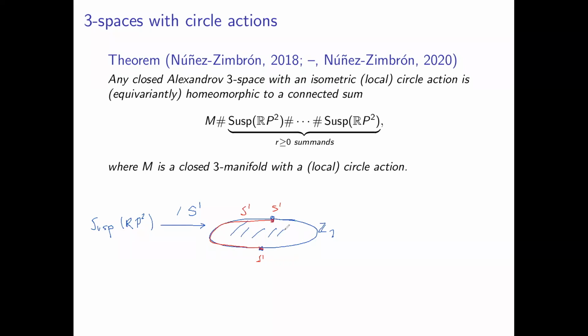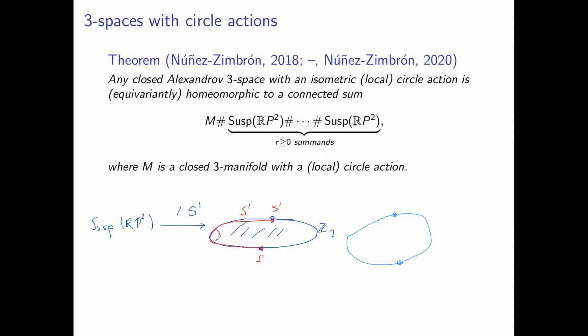Now you can do something like an equivariant connected sum of these spaces, by cutting things here, and if you have another orbit space, I should be taking something around here.